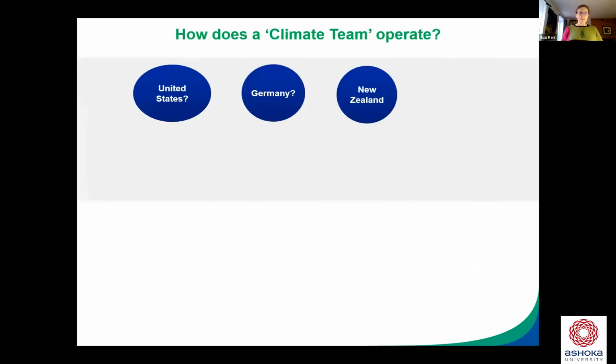So a climate action team has this set of partners. And I've slipped New Zealand in there again because we desperately need to buy some of these sorts of credits.